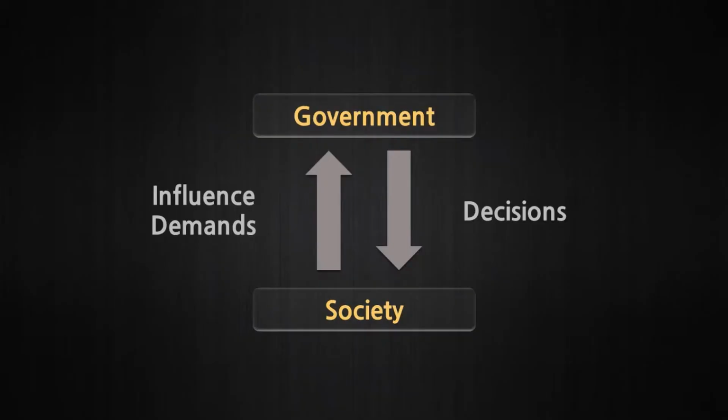Now, the interaction between government and citizens is a two-way process. This is what this figure portrays, including an upward flow of influence and demands from the society, which we call the process of interest articulation, as well as a downward flow of decisions from the government, which is what we will be discussing today, policy making.